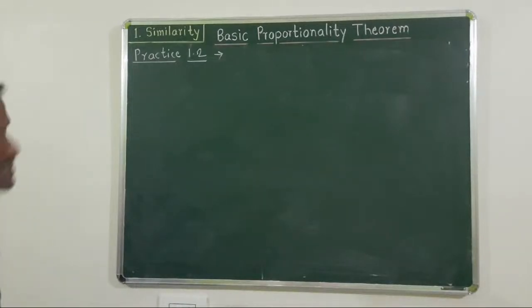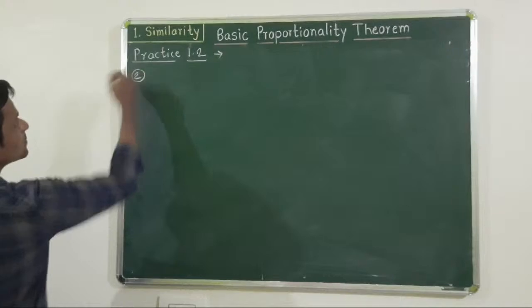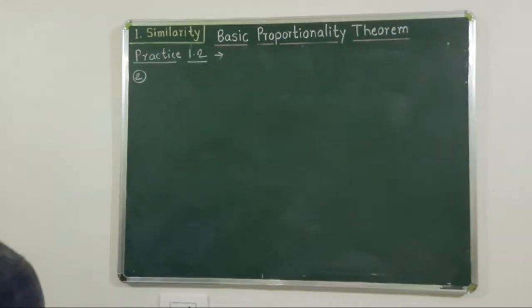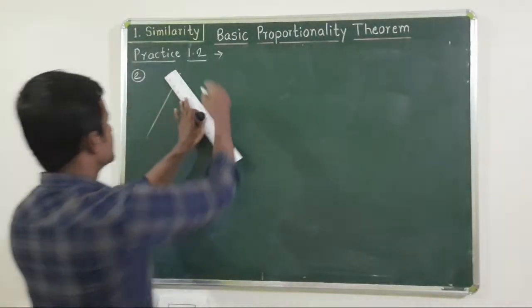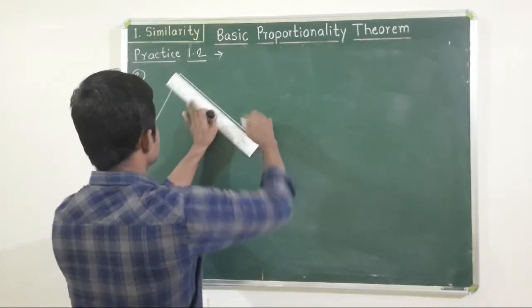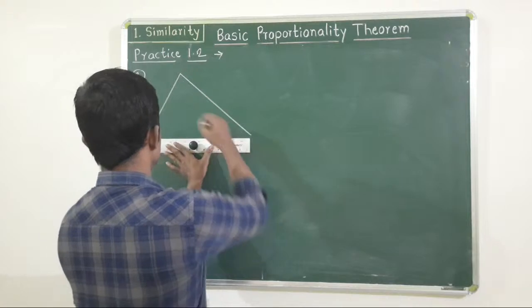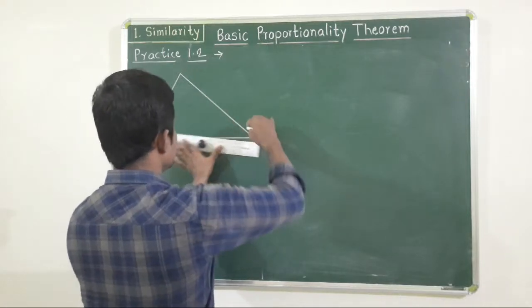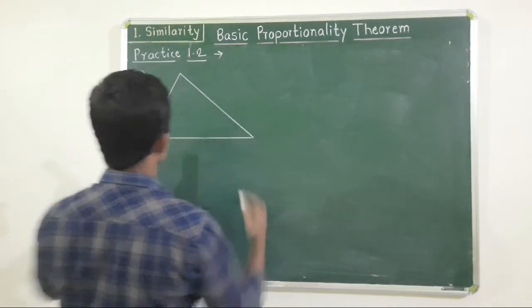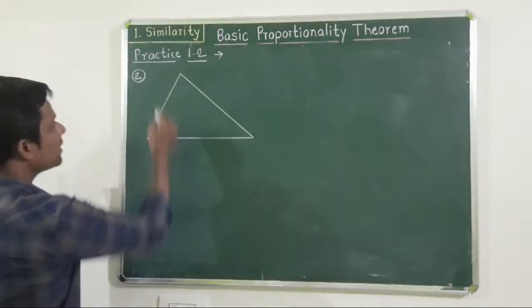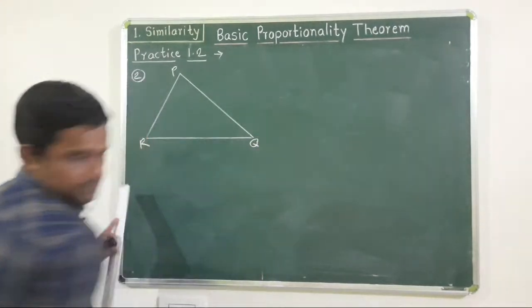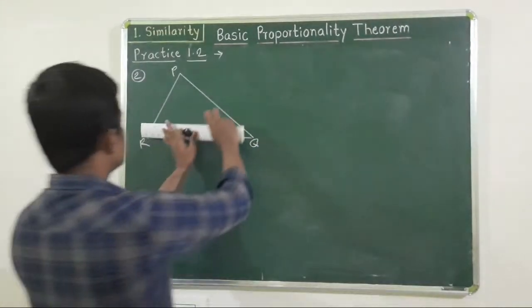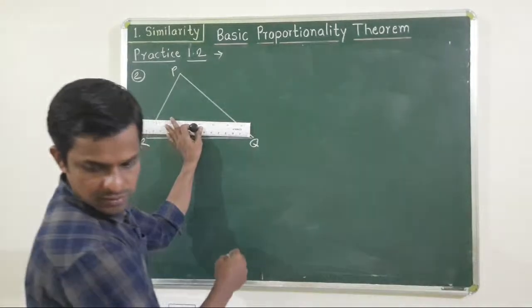Practice set 1.2, example number 2. One diagram is given, that is, one triangle PRQ, and one segment NM is given, which is, I think, not parallel.